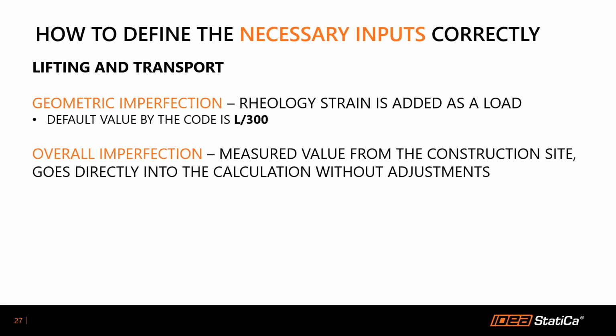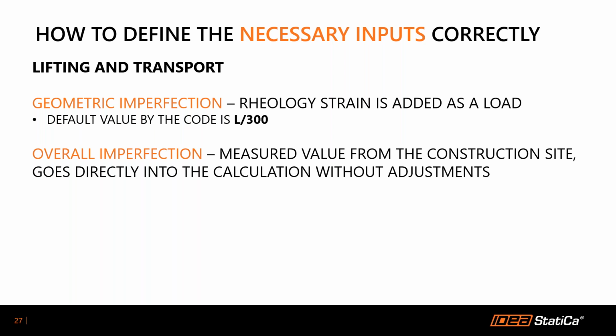So this applies for lifting, transport, and basically all design situations that we need to define some initial imperfection. If we define initial imperfection as geometric imperfection, then this value of geometric imperfection is taken into the calculation, and the rheology strain, the strain from shrinkage, is added as a load during the calculation.